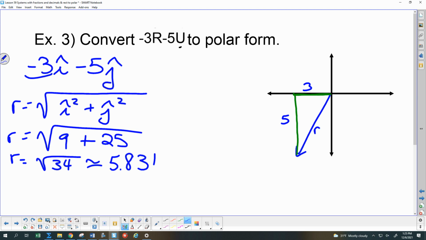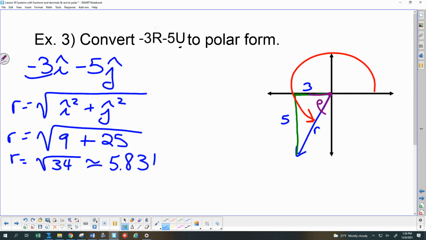Okay, I also need to get my angle that goes all the way around to here. But that's bigger than 180, so I can't do that with right triangle trig. So what I have to do is get the reference angle, which is inside my triangle, with a vertex at the origin. One side is part of the x-axis, one side is my vector.